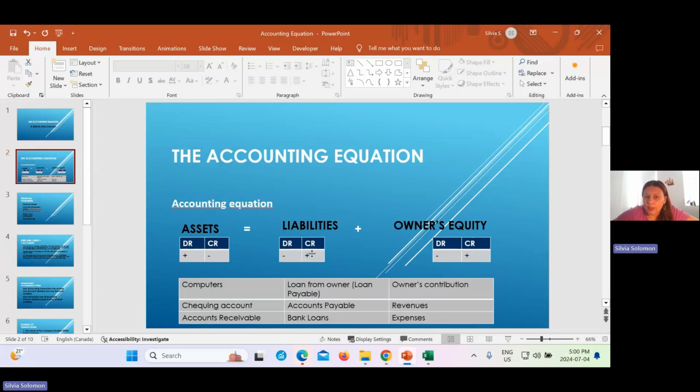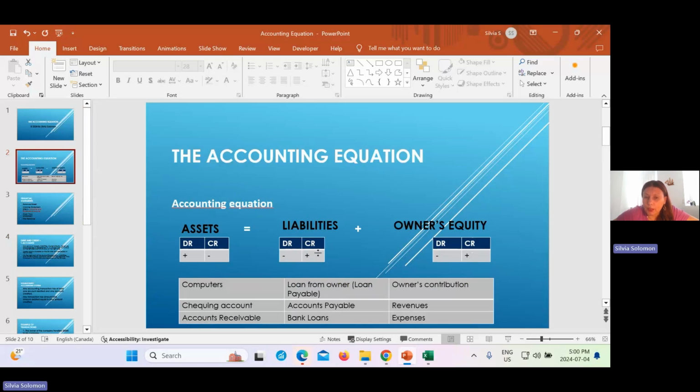So they increase by credit. Take the example of a loan from the bank, okay? If I want to take a loan, then the liabilities of the company increase. So I have to credit the account, loan from the bank or whatever I call the liability account.